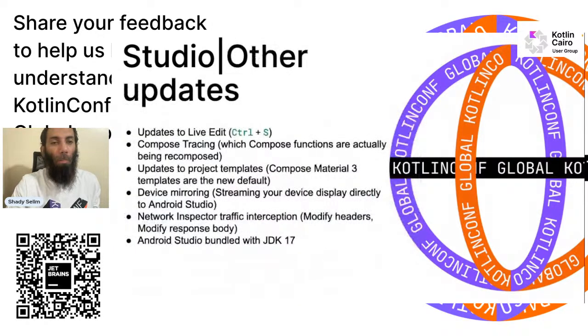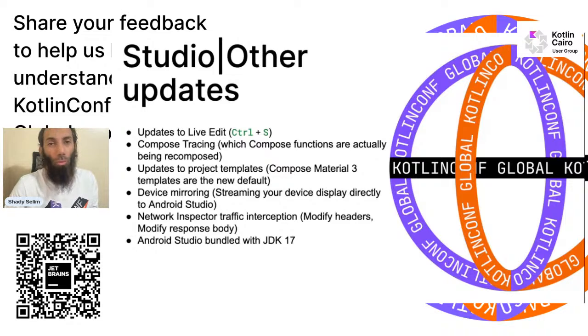Other updates: Live Edit. Now, of course you know that Android Studio saves our changes just by typing. Whenever we stop writing, our changes are saved on the device and in our code. But now they offer us another feature: we can go to preferences and change it to manual.